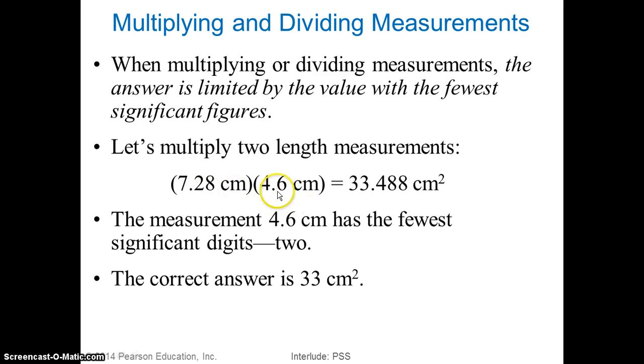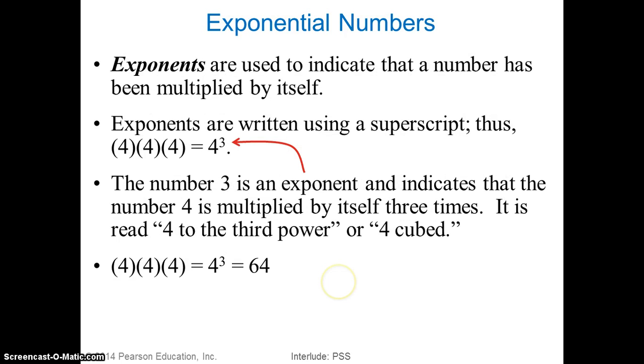Of those 2 measurements, 2 significant figures is the least, so we round the number to 2 significant digits. Right now we got 33.488 in our calculator, but when we round to 2 significant digits, it is 33 centimeter. That way we can apply rules in multiplying and dividing. In the next video we'll talk about exponent numbers.